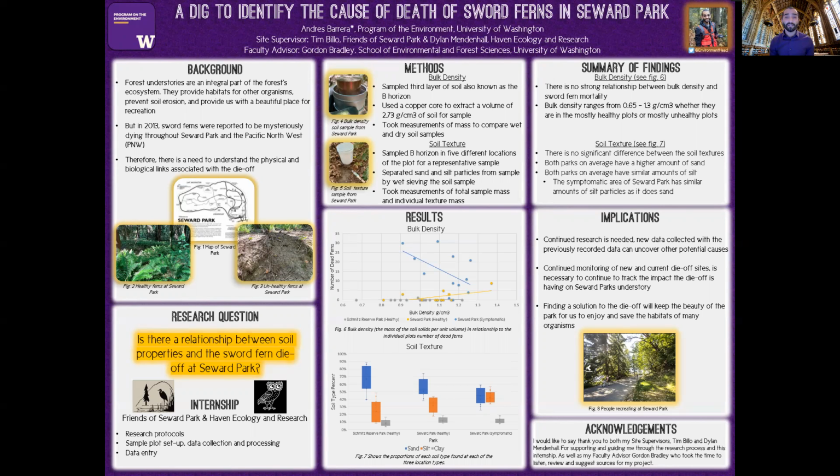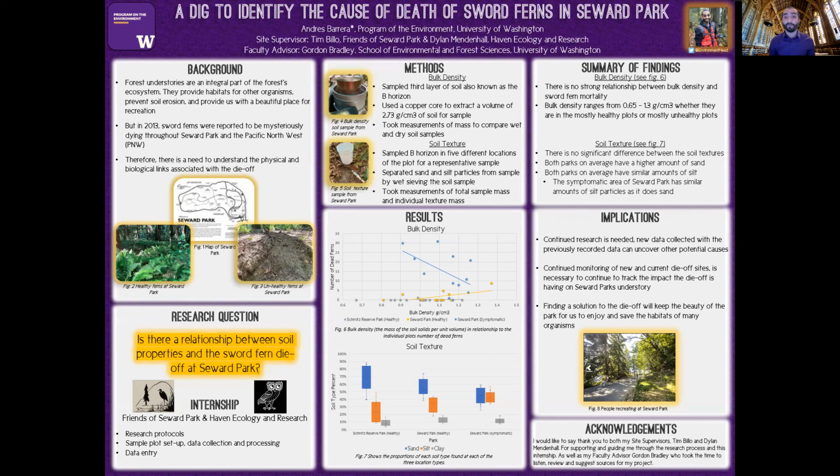So for my bulk density sample, which I have a picture of on figure four, I sampled from the third layer of soil, which is known as the B horizon. So we have the O horizon, which is the organic matter, the A horizon, and then the B horizon.